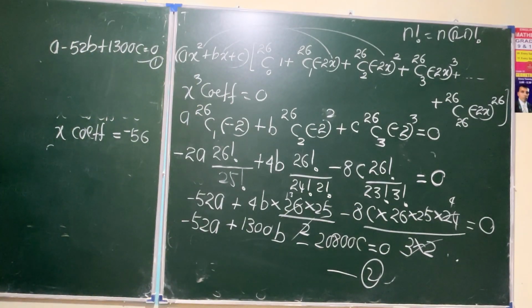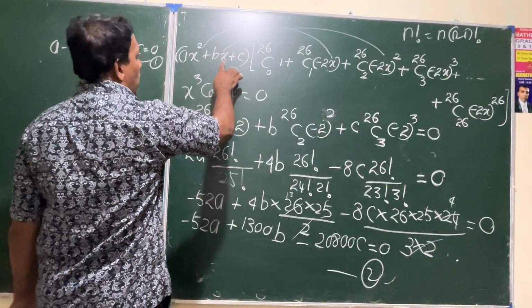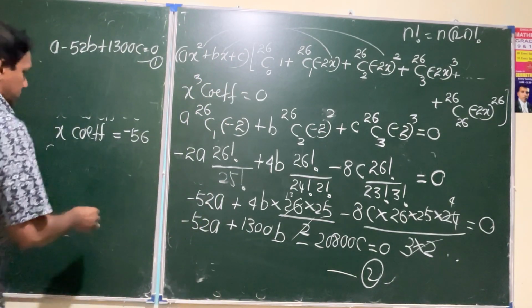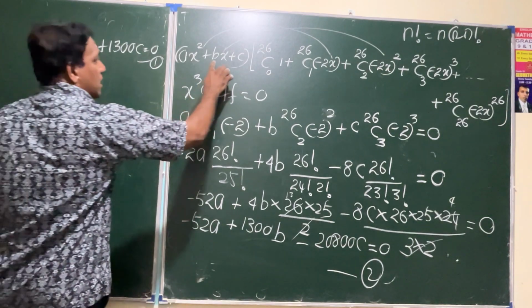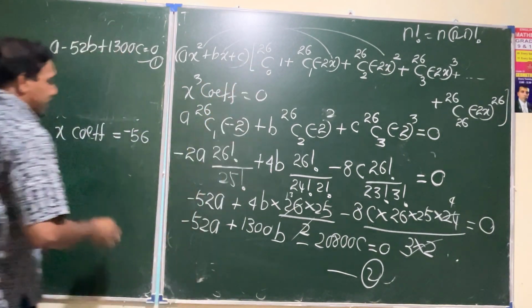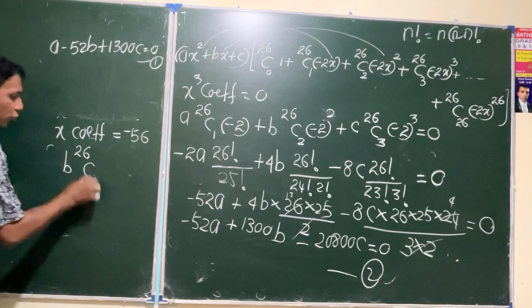And what is the x coefficient? X coefficient comes, where is the x chance? With this one, b, if I write that, yeah, x coefficient negative 56, this into this, therefore b times 26C0, right?